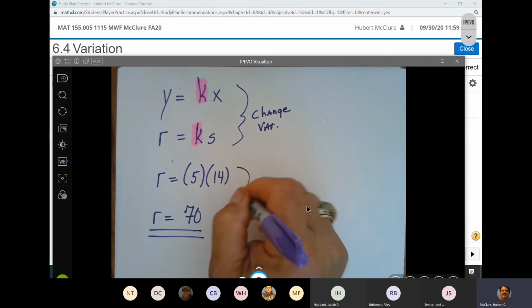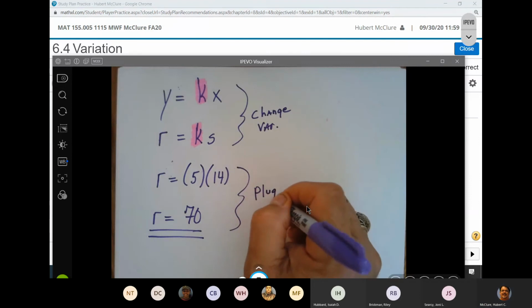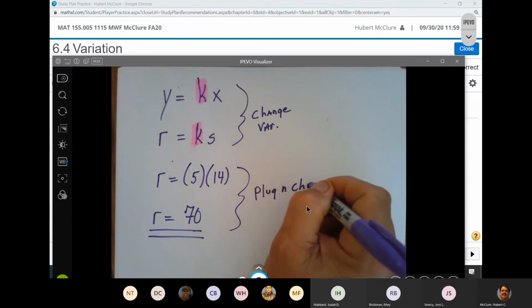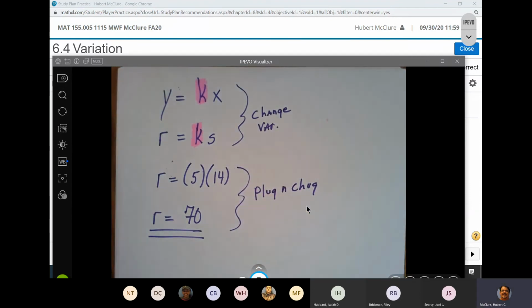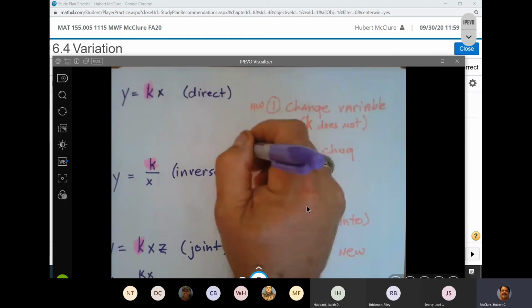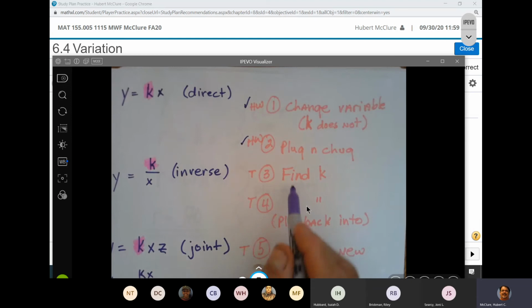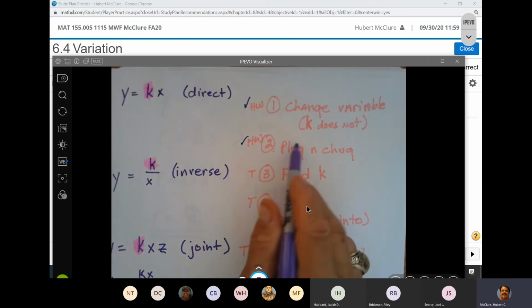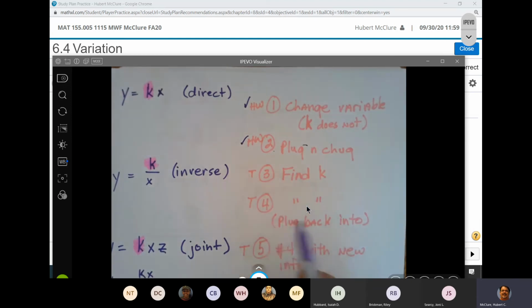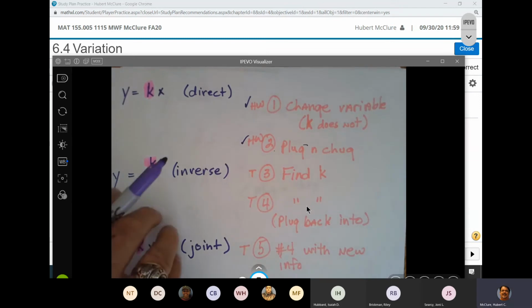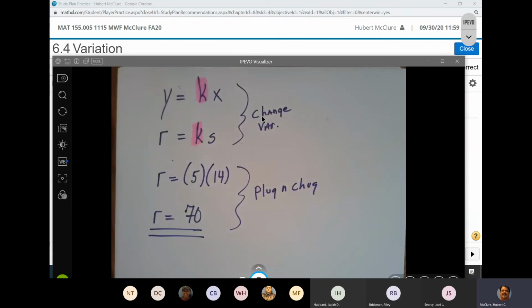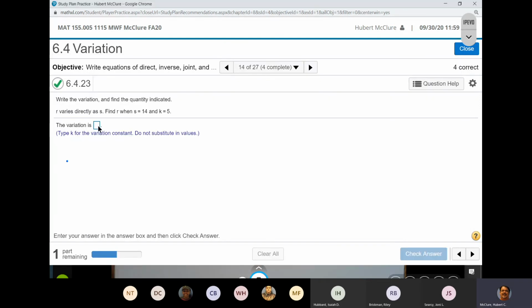And here, plug and chug. The plug and chug and the change variables, I told you were homework questions, but are usually not test questions, although number 2 is used in 3 and 4. So you'll actually do some of this. You'll be doing these two with 3 and 4. So the answer is 70.